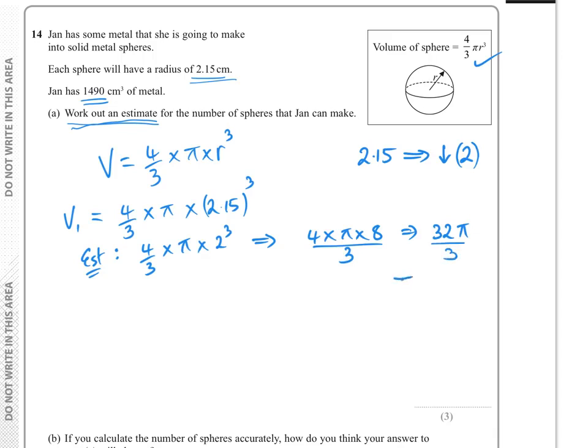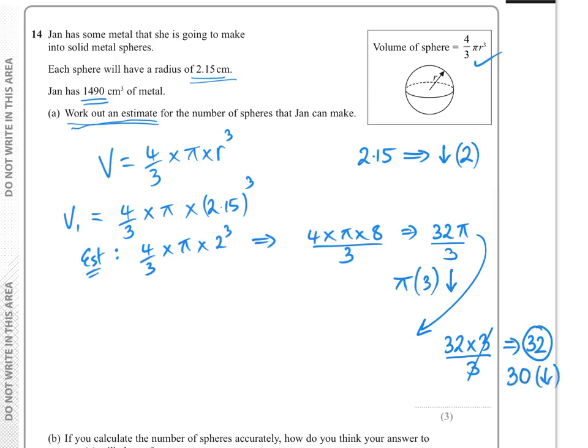And I'm going to take pi as 3, which is again a rounding down, so that will give me here 32 times 3 divided by 3, which is 32. And I'm going to say that as an estimate that is 30, which is another rounding down.